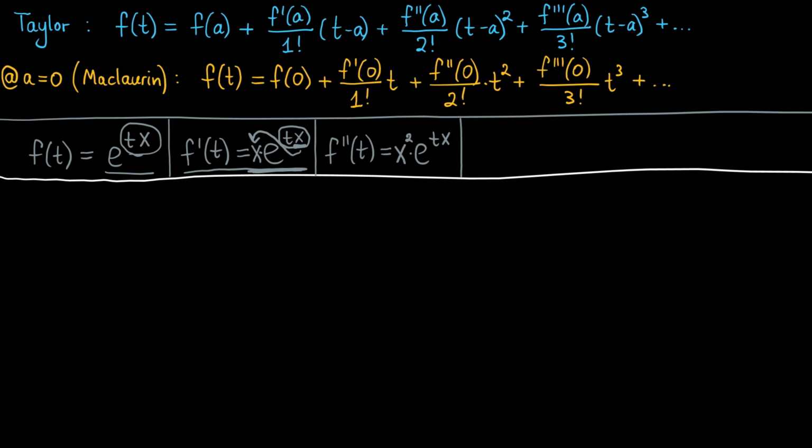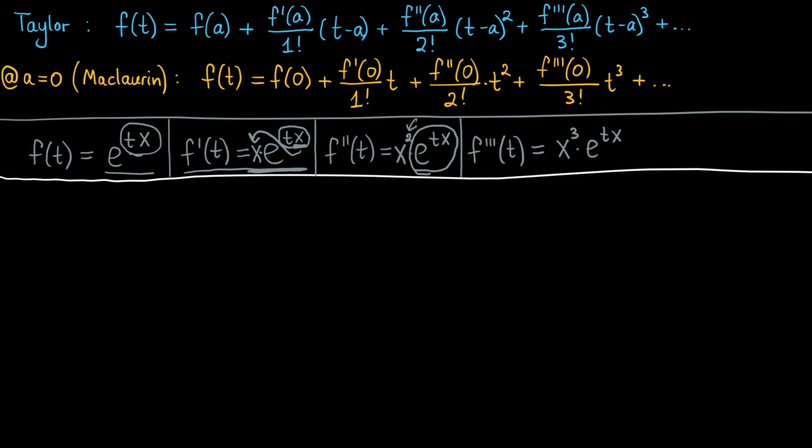Okay, we're already starting to notice something interesting here. Notice when we're going to take the third derivative, we're going to get x cubed times e to the power of tx, right? Because the same process will apply. Every time we take the derivative of e to the power of tx, we get e to the power of tx times x. And when that new x combines with the x's waiting for us there, we get a higher power of x.